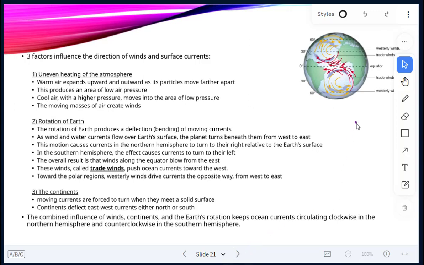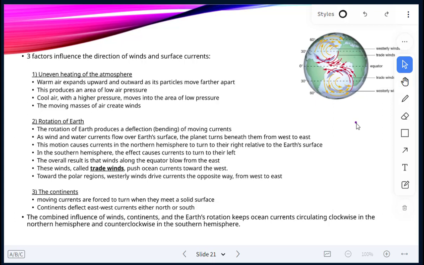Okay, so there are three factors that influence the direction of winds and surface currents. Firstly, the uneven heating of the atmosphere. Warm air, as we know, expands upward and outward because particles are moving farther apart. That will produce an area of low pressure.